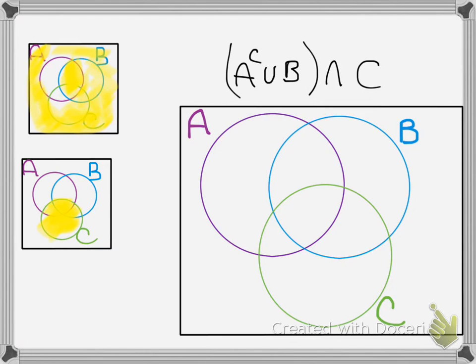So where would this shaded region, everything except that half moon type shape of A, a tiny bit of C, where does that intersect?